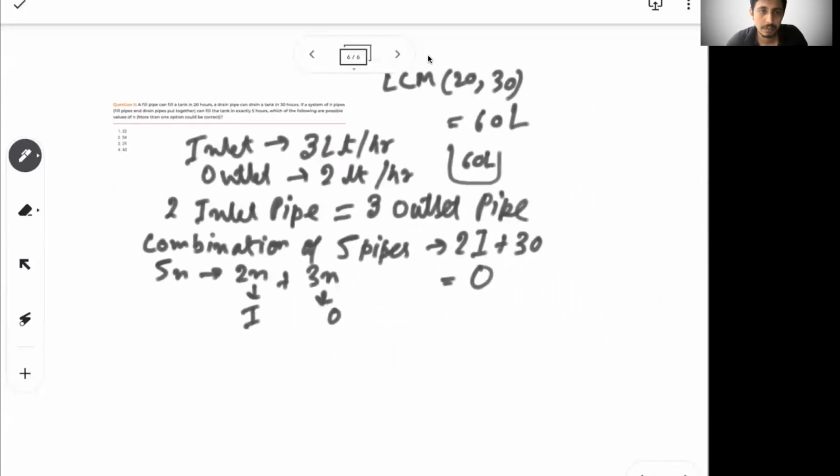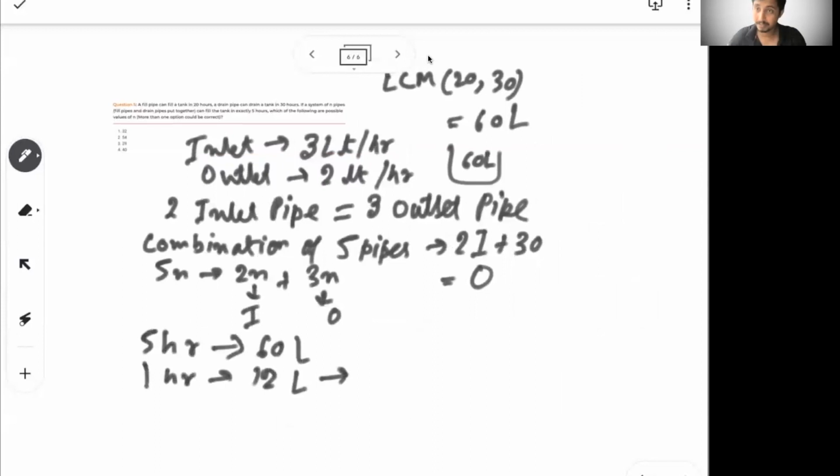Now, typically they said the tank needs to get filled in 5 hours. So in 5 hours you have to fill up 60 liter, so in 1 hour you need 12 liter.